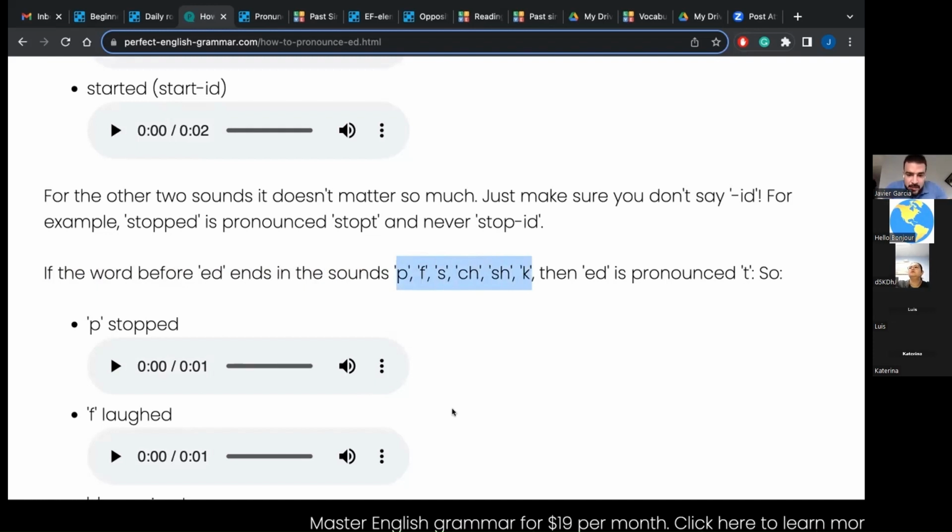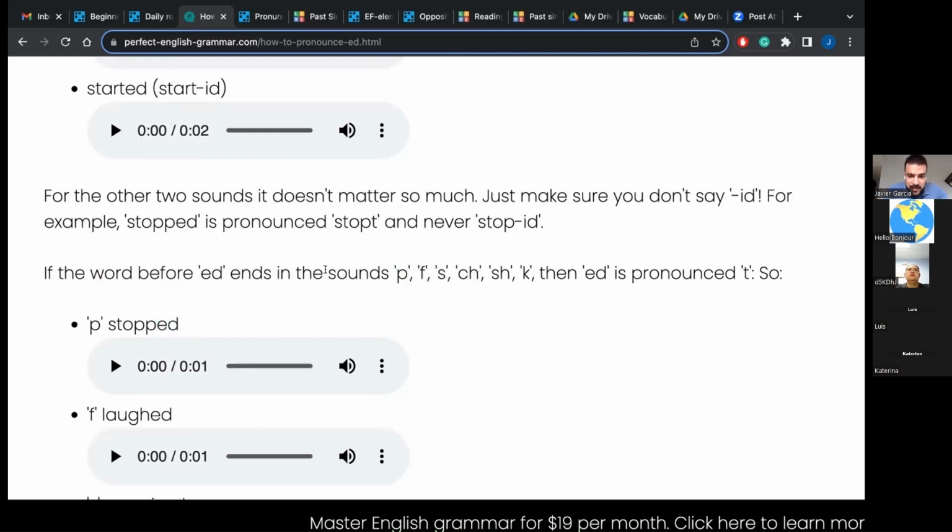Those letters are going to indicate the sound of the T at the end of the regular past simple word, okay? And like I was saying before, Luis, we will always write it with the ED. We're just going to pronounce the word with the T sound, okay?